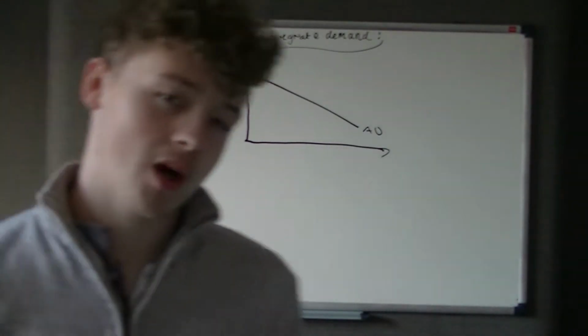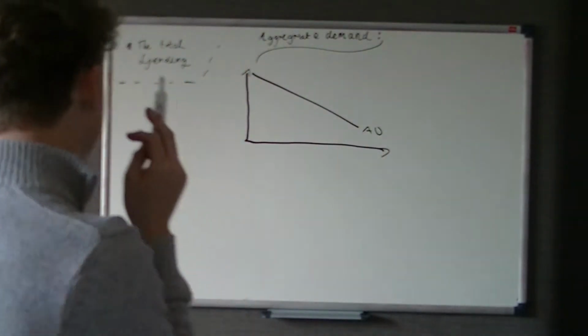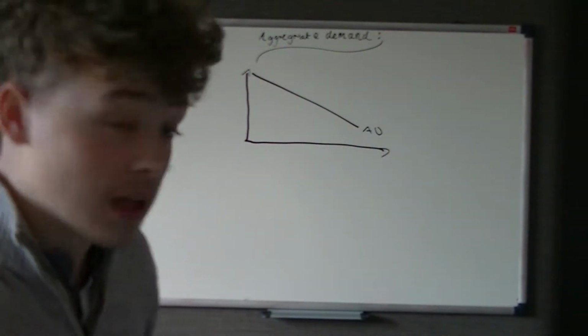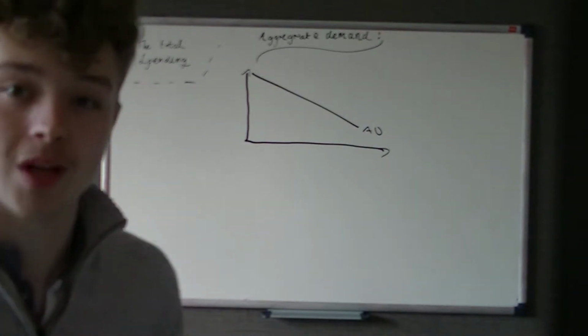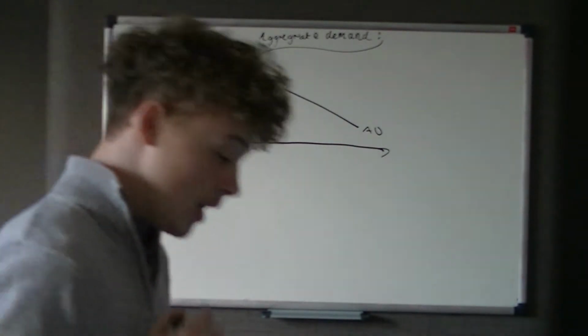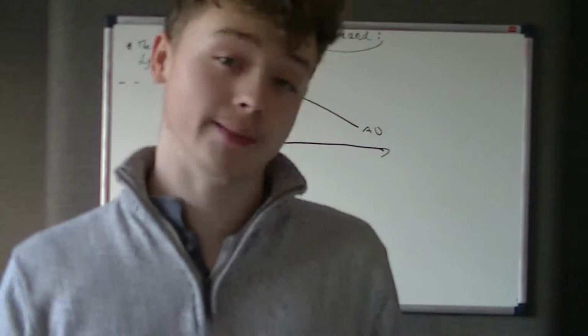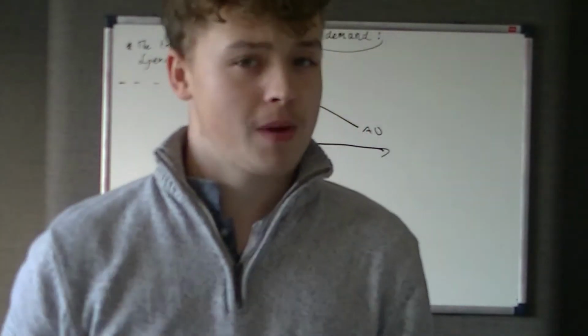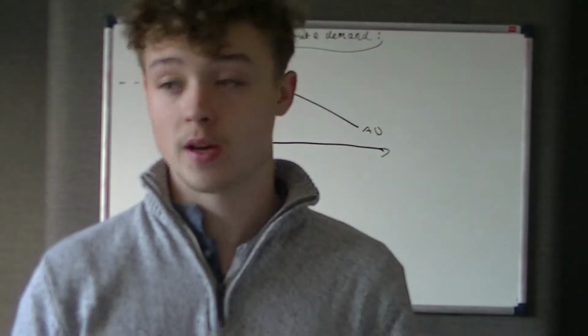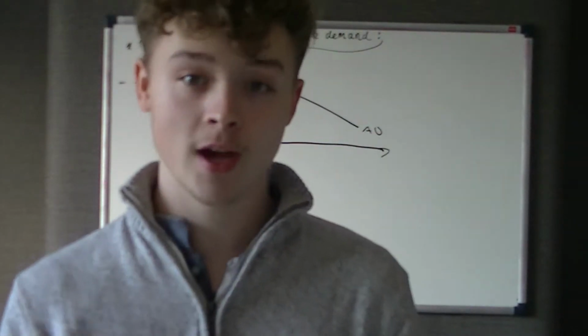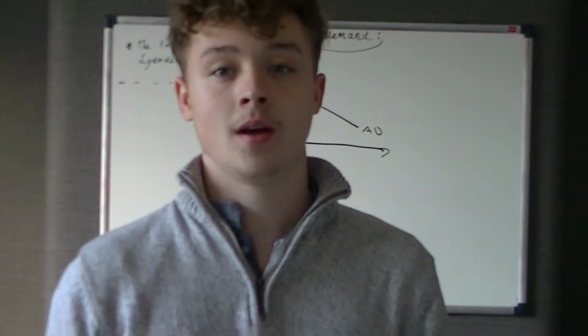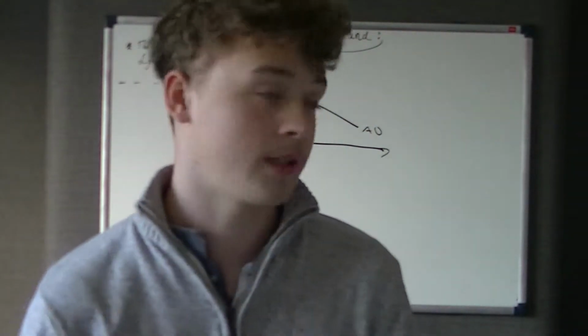The reason why I've left it with no values on the vertical axis and the horizontal axis is because we're talking about aggregate demand, the total spending in an economy. When you talk about demand curves, you're talking about one product in particular, for example, a certain video game.